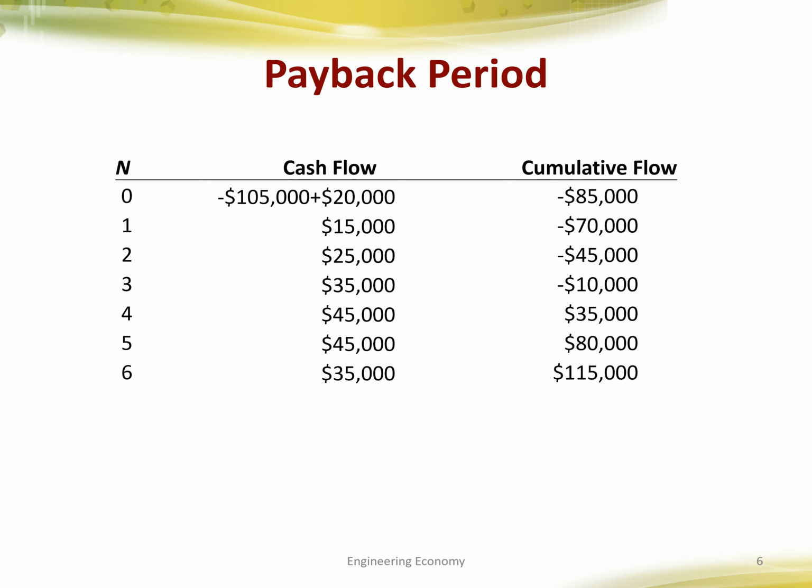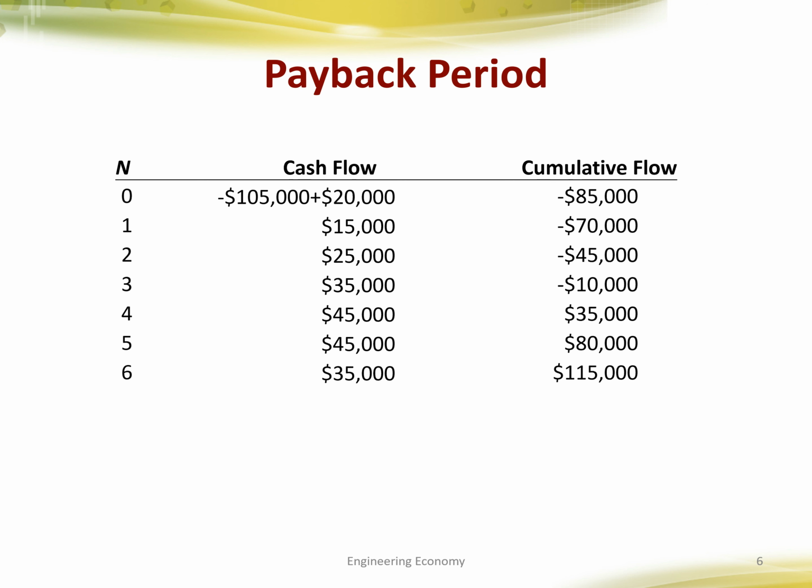Then we add that to minus 45,000, we get minus 10,000. In the fourth year there's 45,000 coming in, and if we add that to minus 10,000, we get positive 35,000. So from the end of the third year to the end of the fourth year, our accumulated cash flow went from minus 10,000 to positive 35,000.